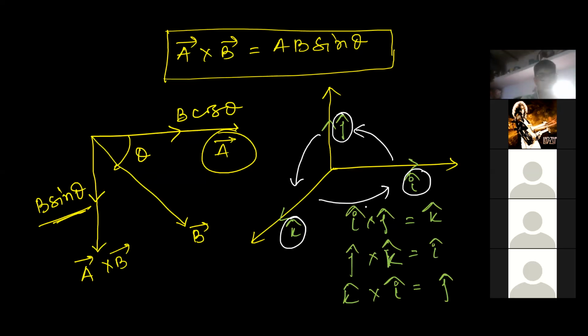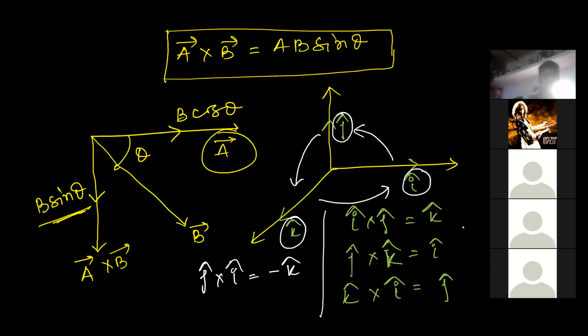Now in this case, whenever you find the cross product, after reversing the cross product, suppose I find I cap cross j cap, it equals k cap. But if I do j cap cross I cap, it will be minus k cap. That means if you reverse the multiplication, that means if you reverse the direction of your product, then the final answer will have the opposite sign of the previous one.